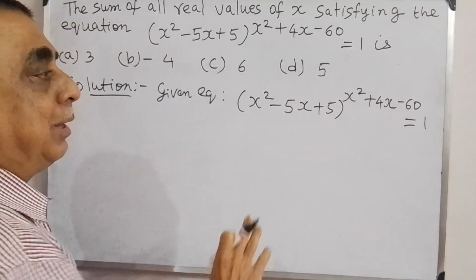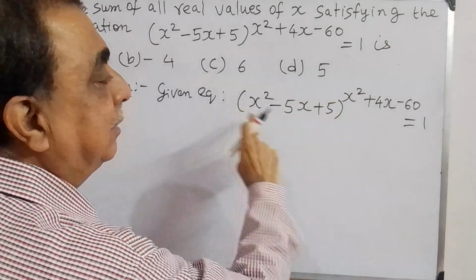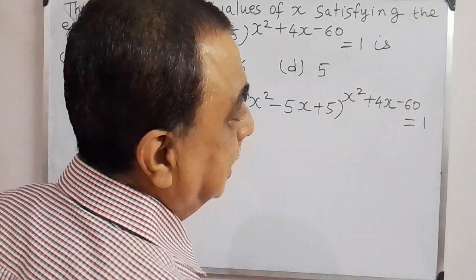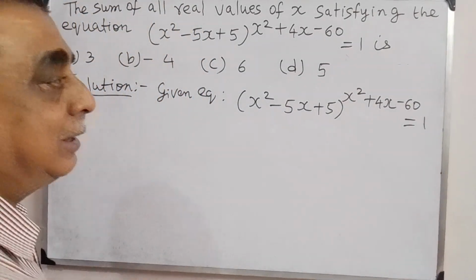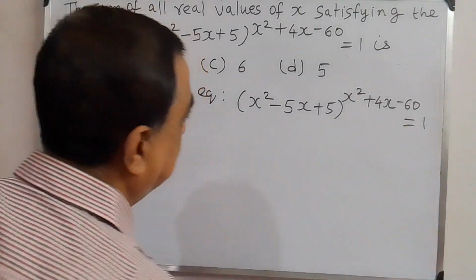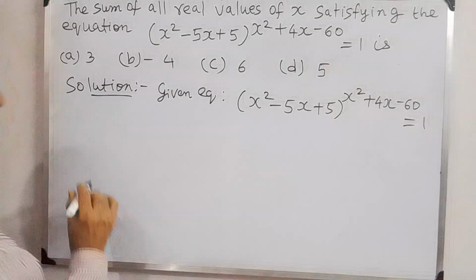So when the base is minus 1, the power should be an even number. So these are the three possibilities. We will take the three possibilities separately and find out the values of x for each possibility.